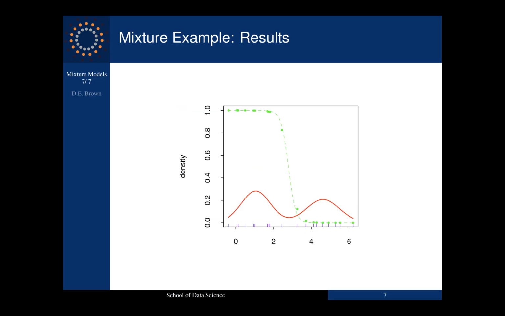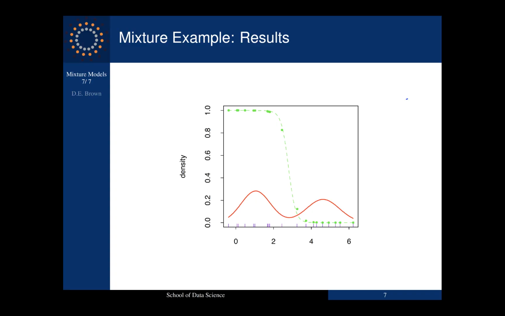And here are the results that you could see that we would get from applying this Gaussian mixture model for this particular problem. If you notice along the abscissa, the little tick marks are showing where the observations are. The red line is obviously showing the density estimate for this particular set of data.